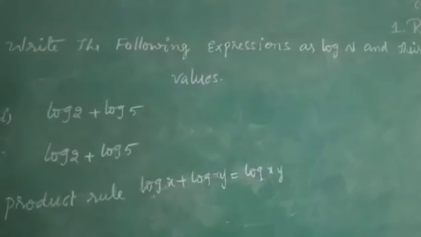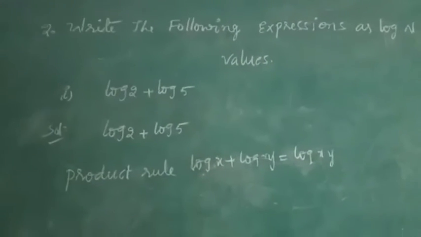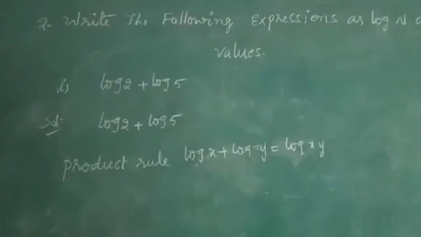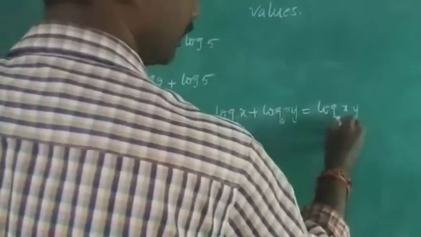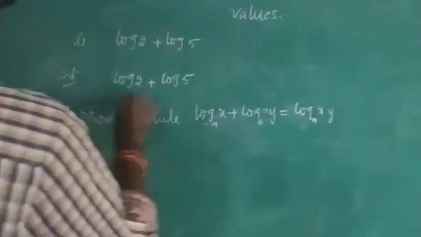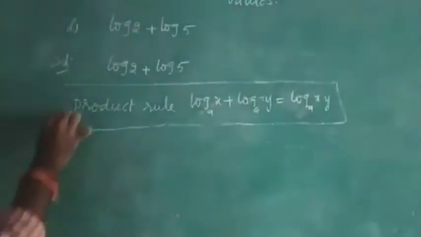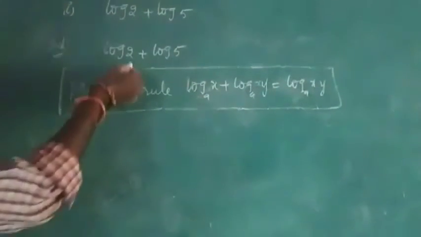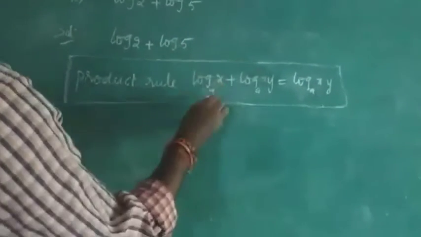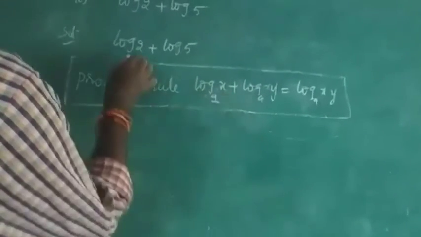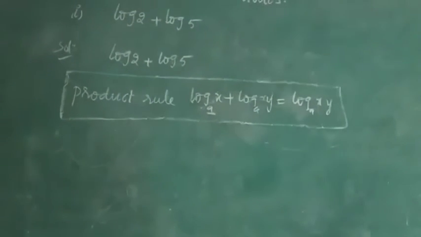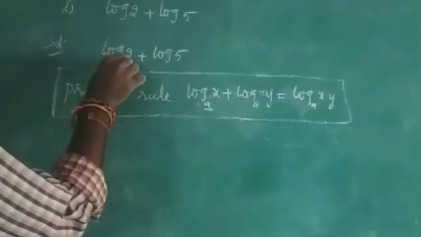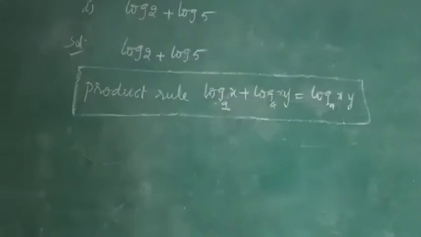I already told you once to concentrate on it in the beginning of the class. So here the base a you can take. These are the product rule. Now observe clearly. Our base is nothing but just 10. By default, if you do not have the base of any logarithm, you can write 10.